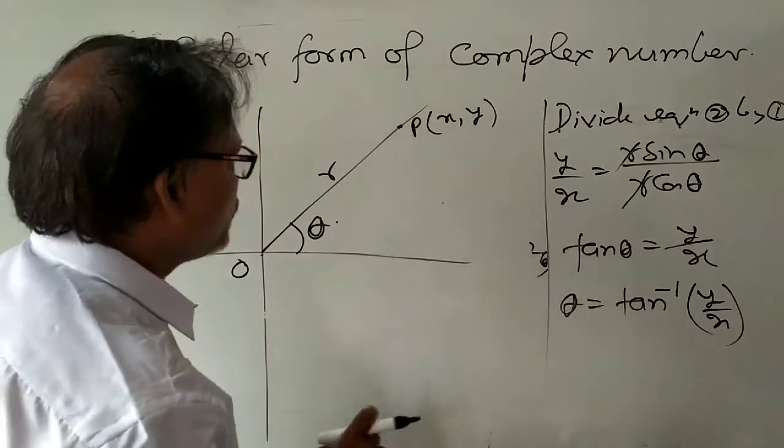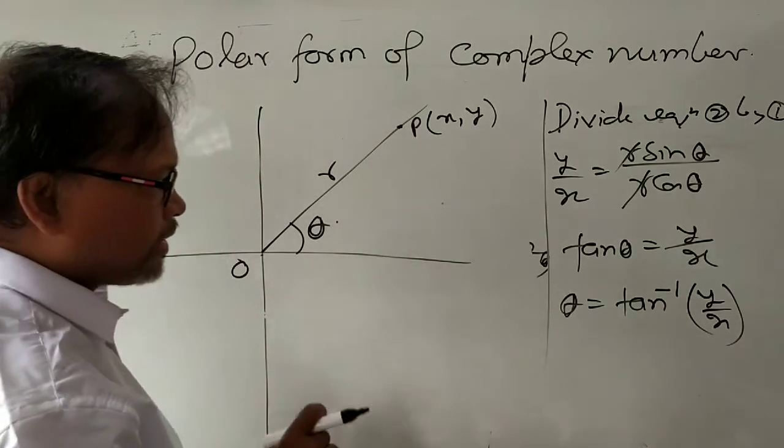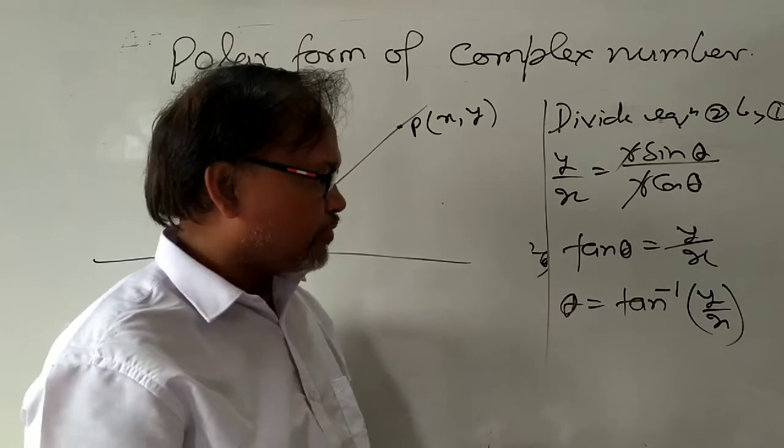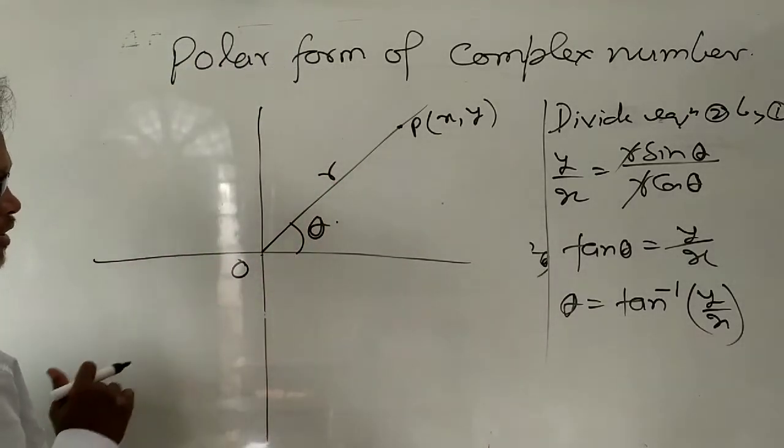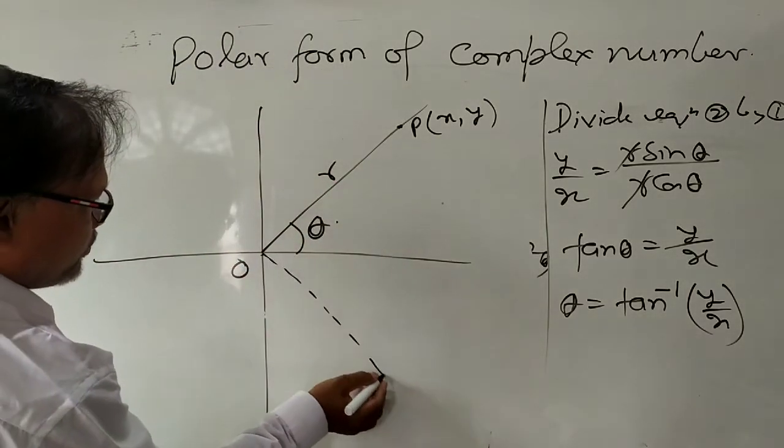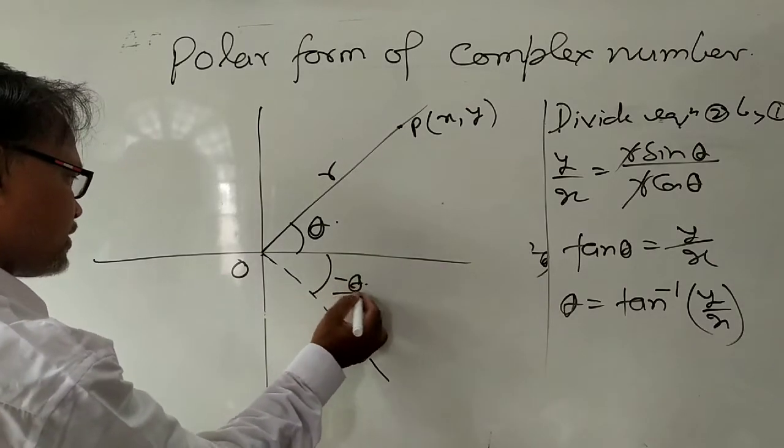Thereafter, you can have not only a positive angle, maybe a negative angle. If you have the negative angle, then it will be here, and this is minus theta.